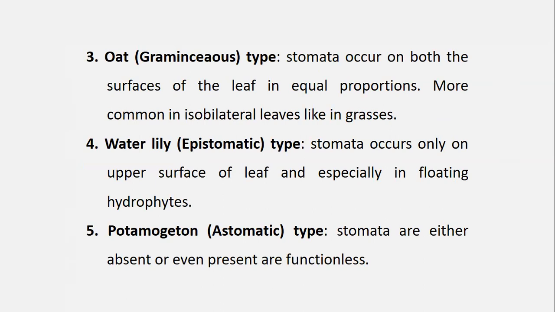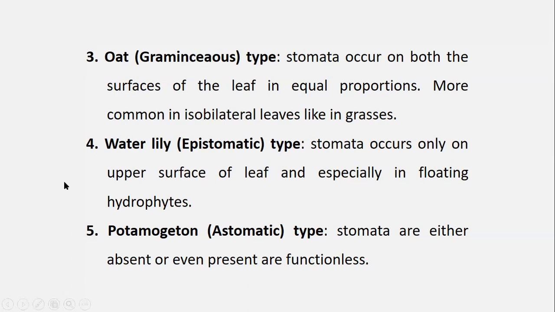Fourth one is water lily type or epistomatic stomata, where the stomata occur only on the upper surface of the leaf, and especially in floating hydrophytes is very commonly distributed. And therefore, this is also known as epistomatic type.